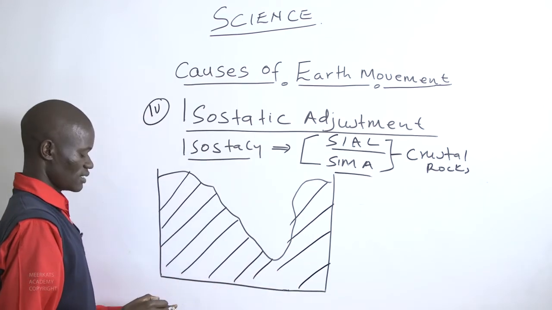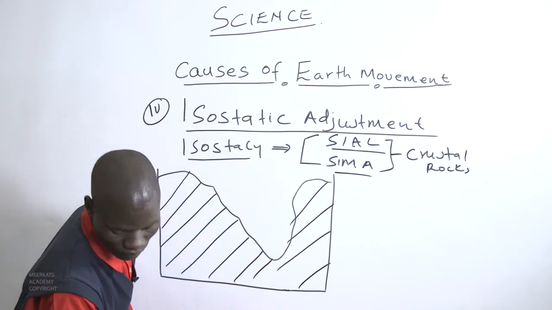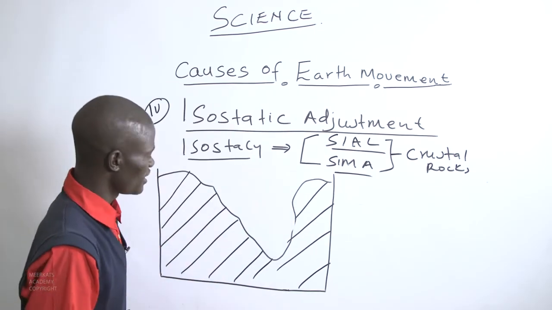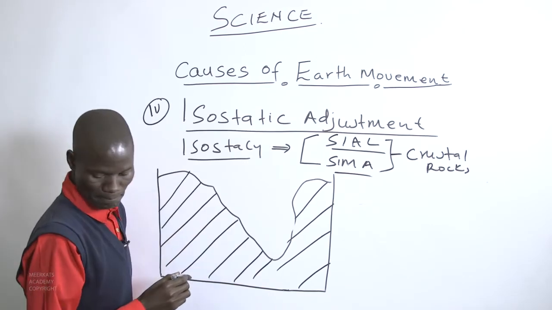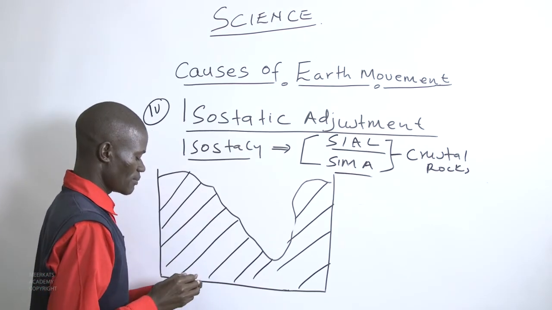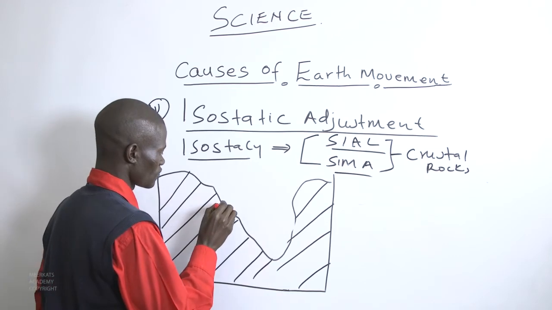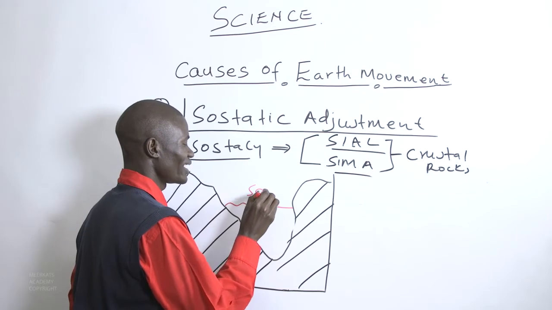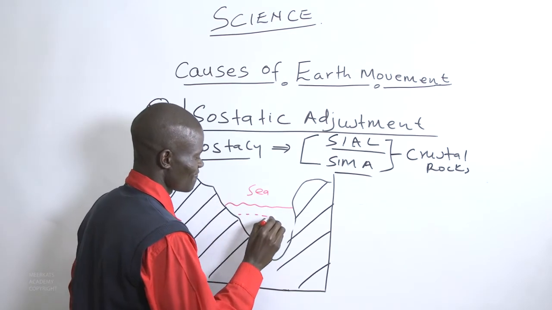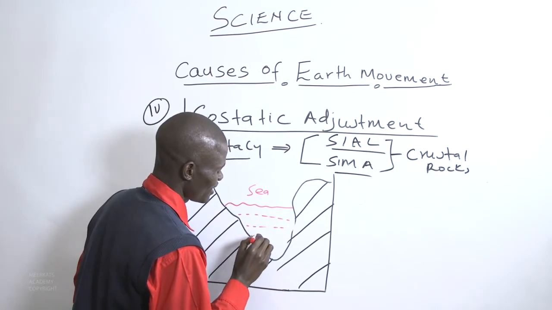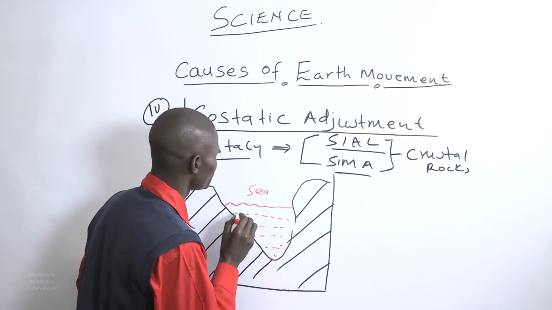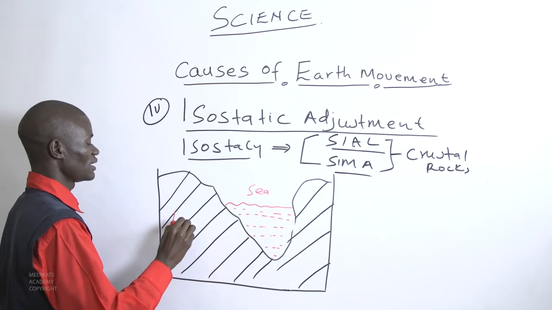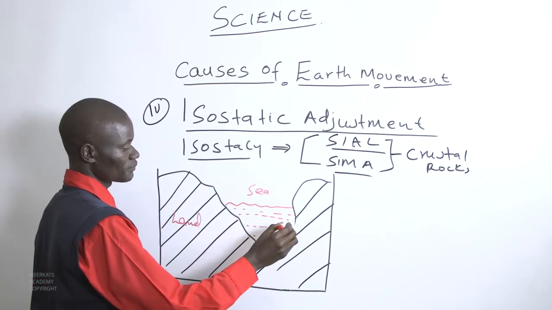This represents the earth crust, and we are looking at those areas, especially in the sea. In the sea there is water, and as we are able to see, there is water. This is the land that is bordering the sea.